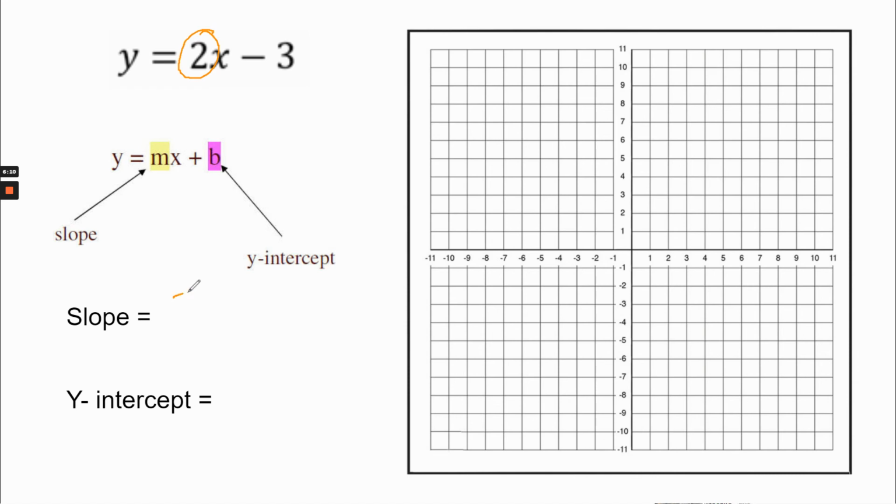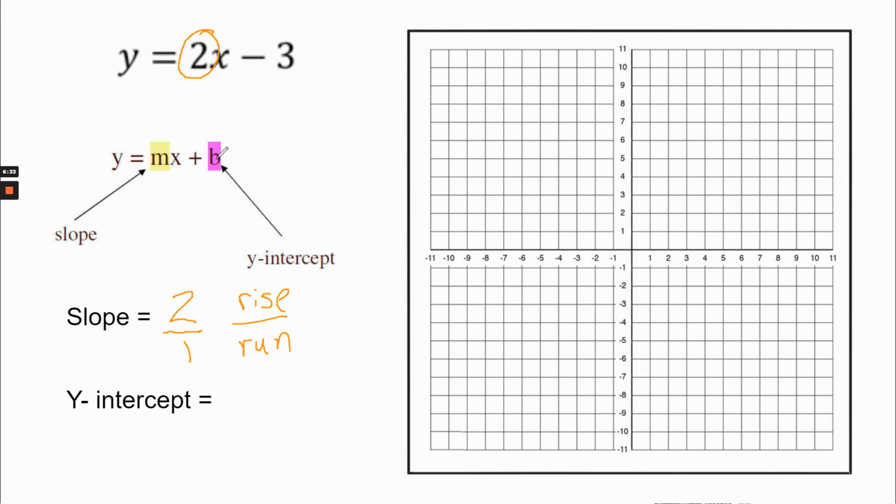So I'm going to put slope 2. But you might have noticed in all the other problems, our slope was a fraction because we need to label it rise over run. So I'm going to think, how can I make 2 a fraction? Well, I can make 2 a fraction by putting it over 1.